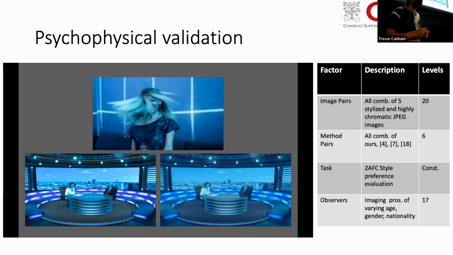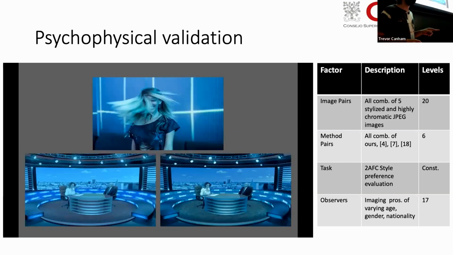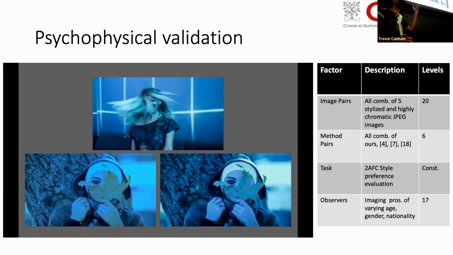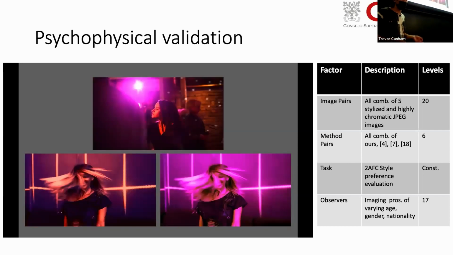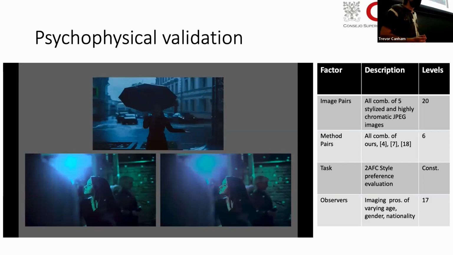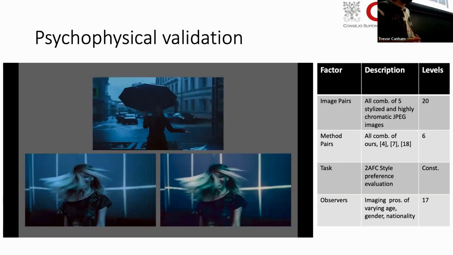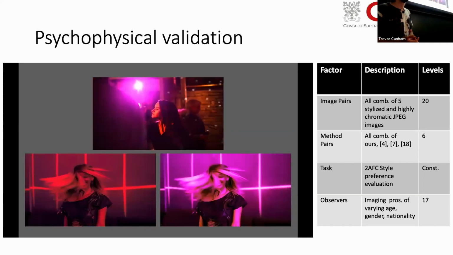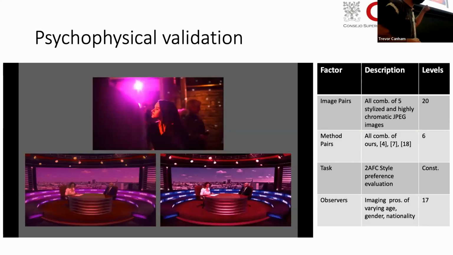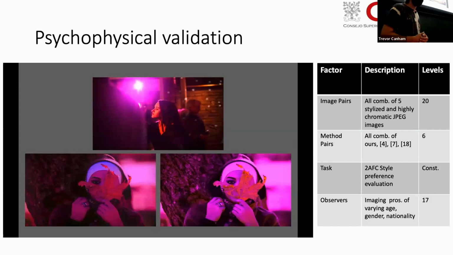And their task was to select which of the style transfer results they felt best reflected the style of the reference image, and the one which they preferred had the least artifacts, and so on. So for this test, we used a combination of 5 highly chromatic stylized and JPEG compressed images in an 8-bit format, which are the same images I've showed on the last 3 slides.